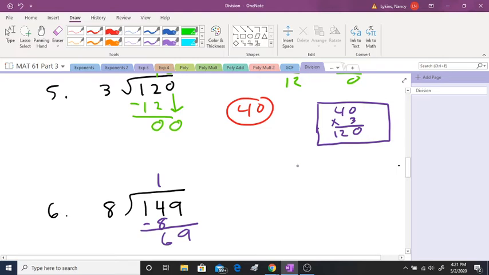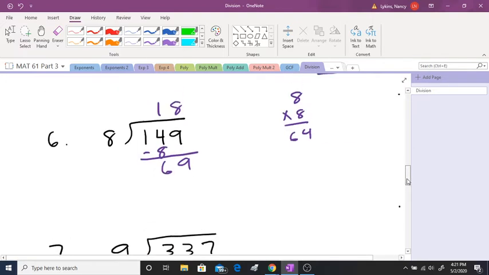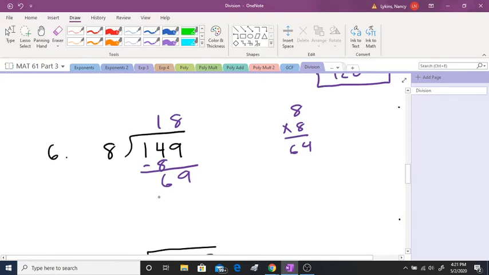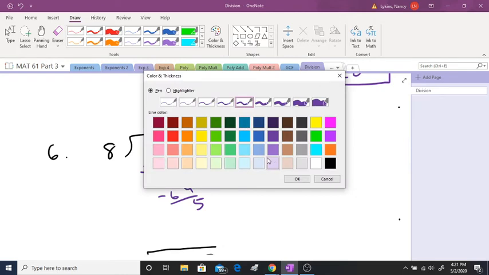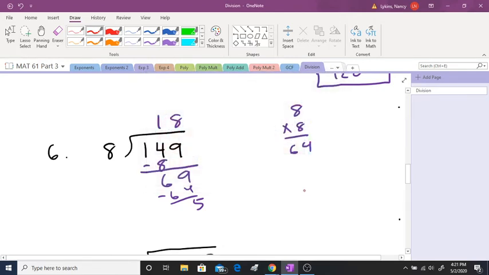So now 8 times 8, I know is 64. Subtract, and you have 5. So my answer will be 18 remainder of 5.